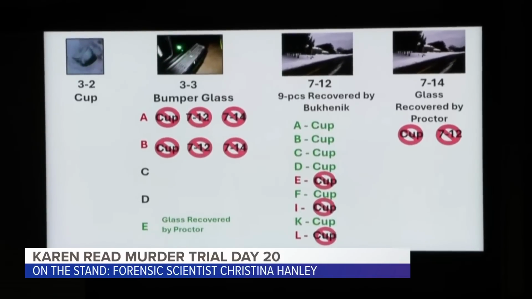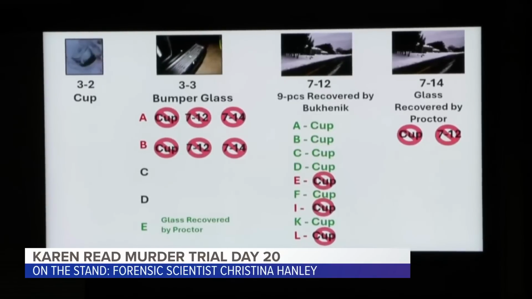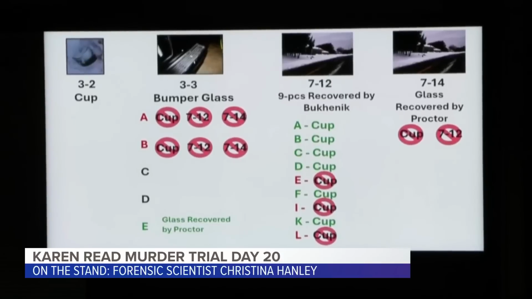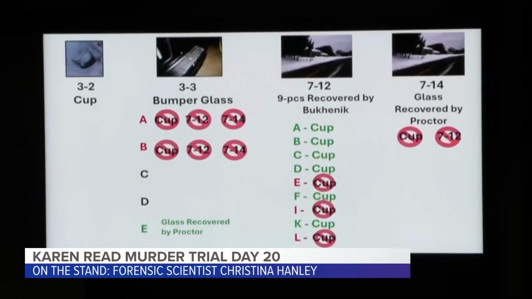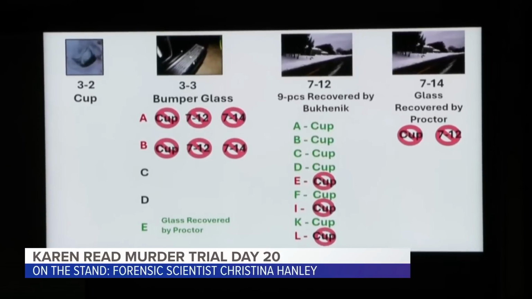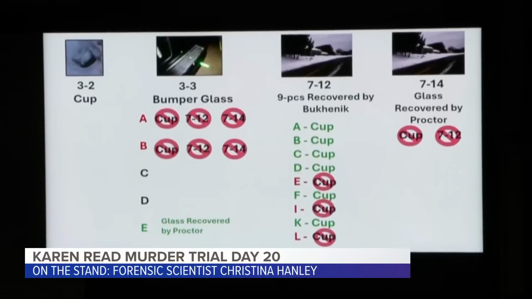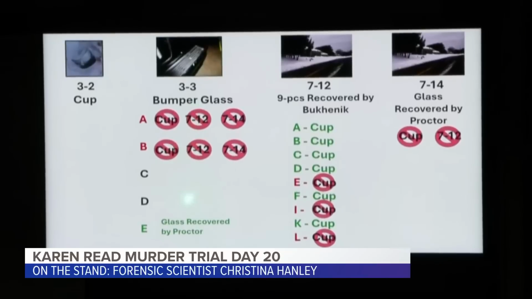Do you see the four categories represented in this exhibit? Yes. Okay. So 3-2, I'm going to go over it very quickly one more time, just visually. 3-2 on the left is the cup, correct? Yes. 3-3 represents the 5 pieces of glass of what we call the bumper glass, A, B, C, D, and E, correct? Yes.